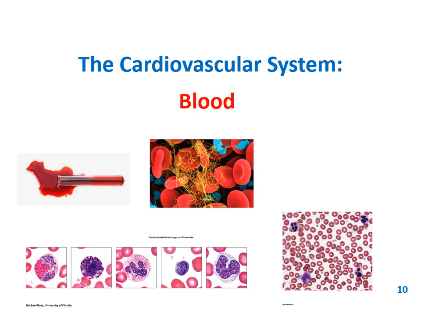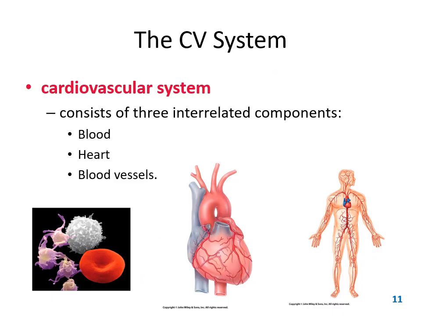So let's get into the blood. This is the first part of the cardiovascular system, because you actually have three parts. You have the blood component, then you have your heart, which of course pumps the blood around, and then you have your blood vessels, which get the blood that was pumped from the heart to the rest of your body and then back into the heart.